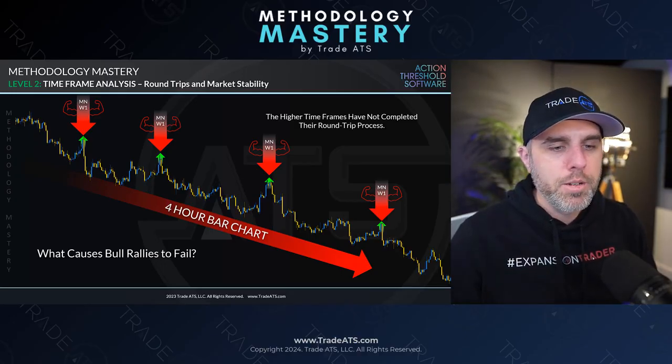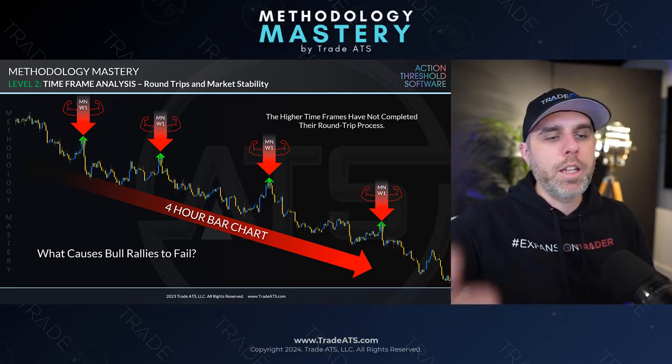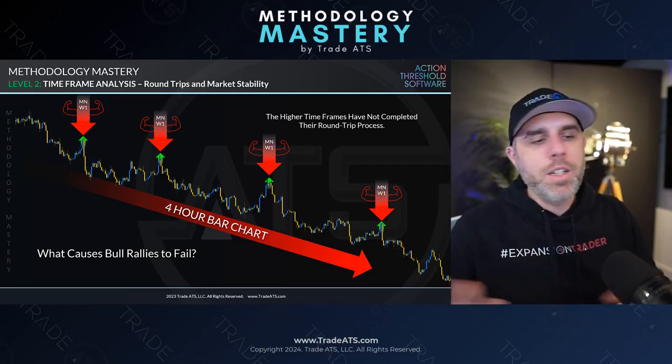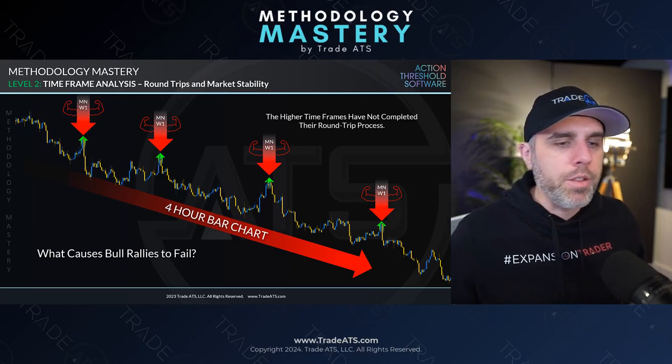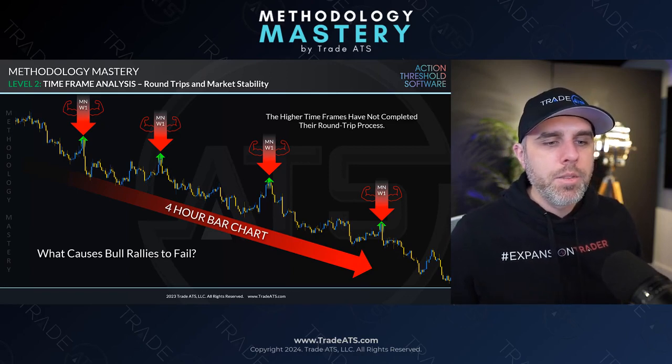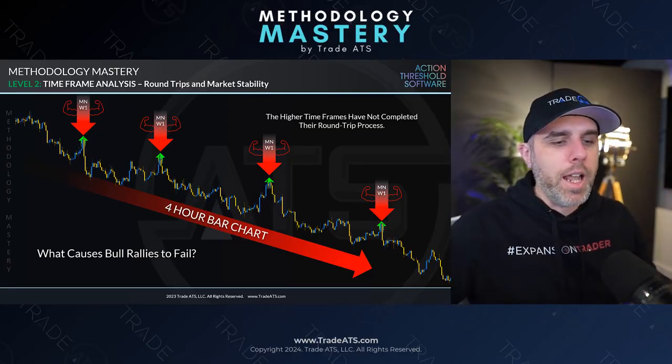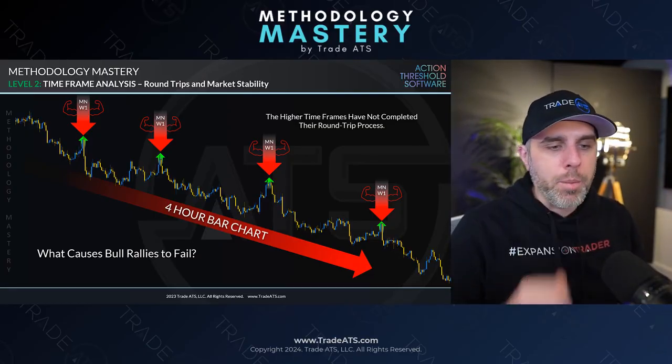That's why you'll see what looks like an aggressive pullback on a 5 or a 15-minute chart, but it doesn't look like much of anything on the 4-hour or the daily. Those guys, everything's good for them. They haven't seen anything that would discourage them at the moment. So all pullbacks that you deal with are only going to be relative to the highest time frame that is still in the midst of their round trip.